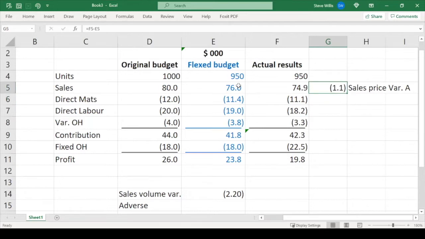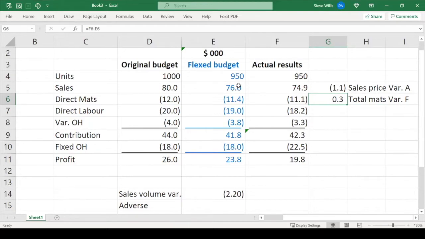And now we can just copy that formula down here. When we produce and sell 950 units, my materials should cost 11.4. They did cost 11.1. That is the total materials variance, and it is favorable.